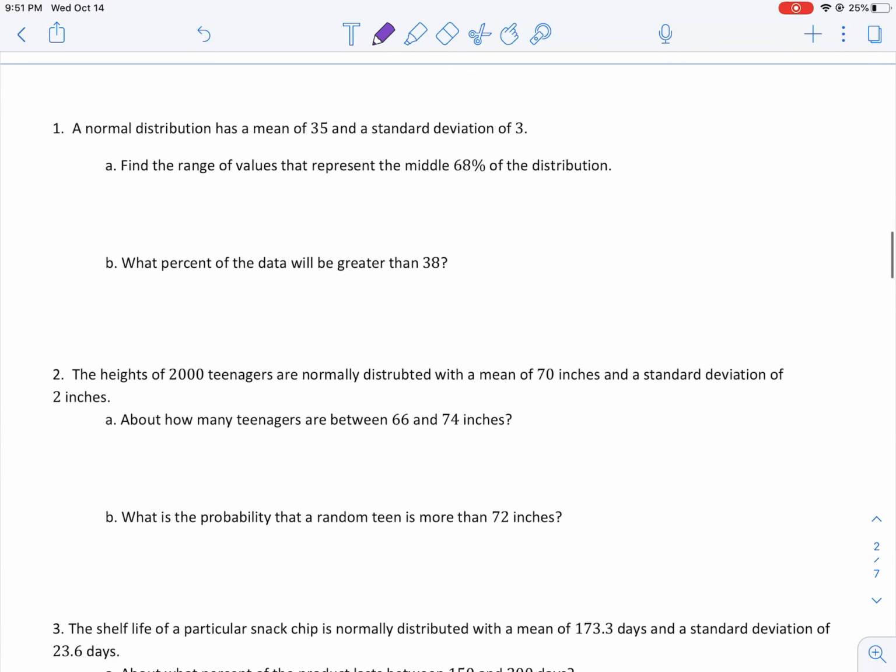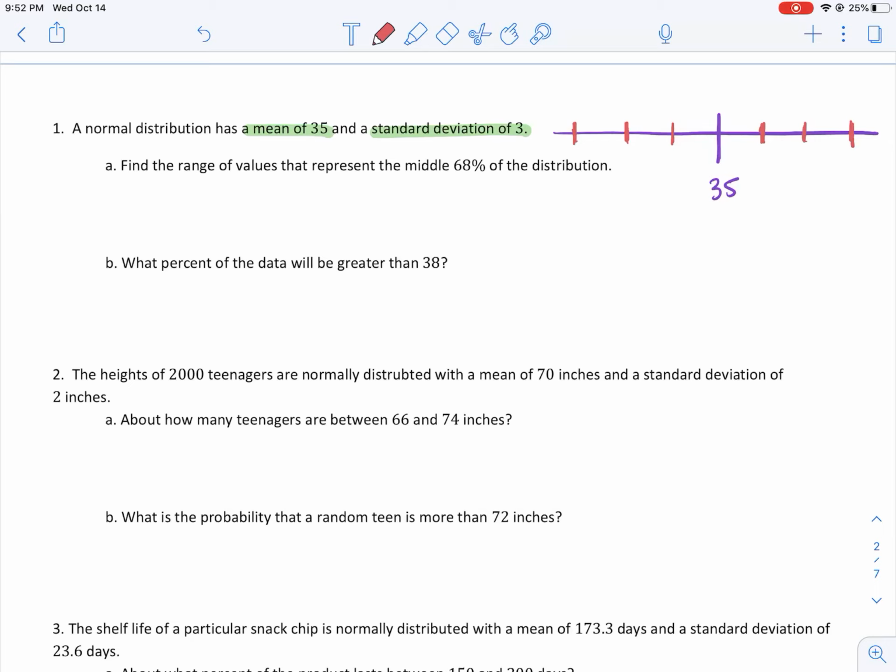So let's say right here we've got on number 1 a normal distribution that has a mean of 35 and a standard deviation of 3. I'm not very good at drawing bell curves, but I am really okay at drawing number lines. So I'm going to draw this number line, label the mean 35, and then go out 3 lines to the left and 3 lines to the right.